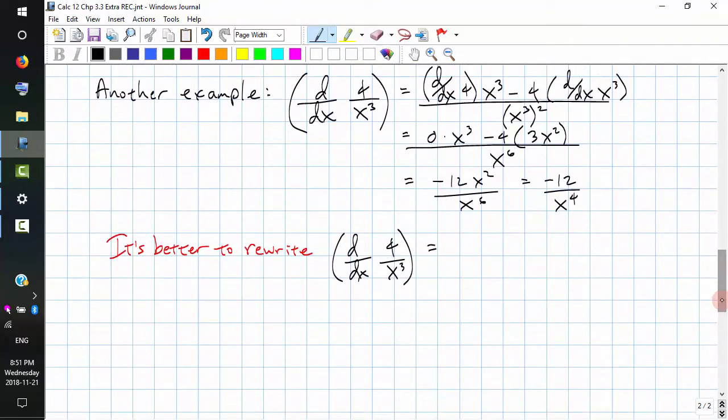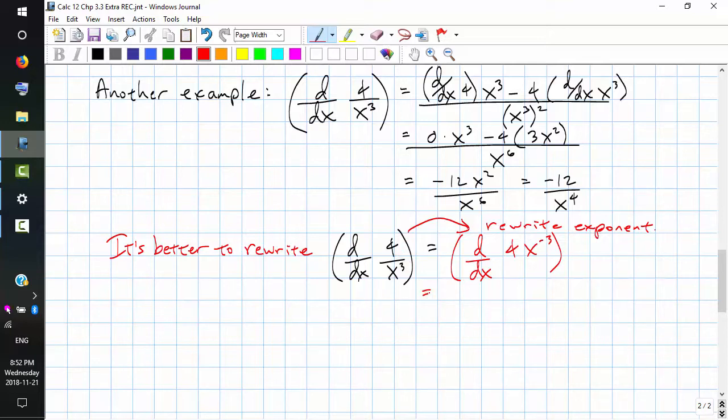Okay, what's a better way to do this? Well, we can rewrite this. This is d dx of 4x to the power of -3. Anytime we move a power from the numerator to the denominator or denominator to the numerator, we negate the exponent.